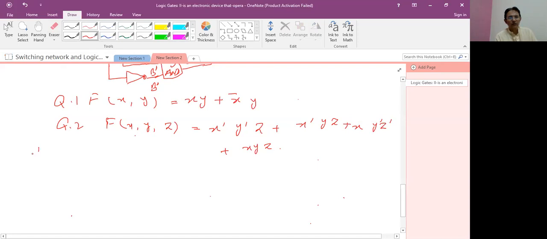So students, then we consider question 1 and draw logic gates in terms of two variables. So it means x and y both are multiplying. When we consider the inputs x and y, it means an AND gate.